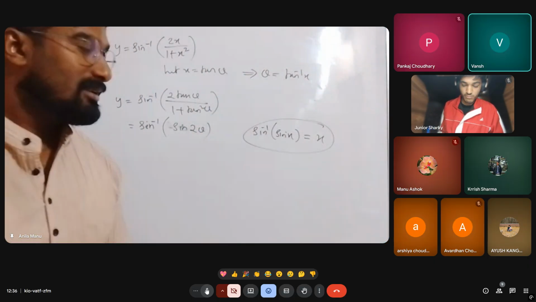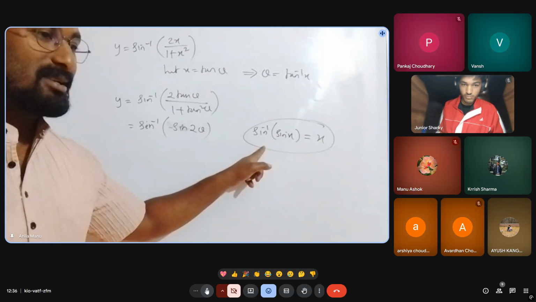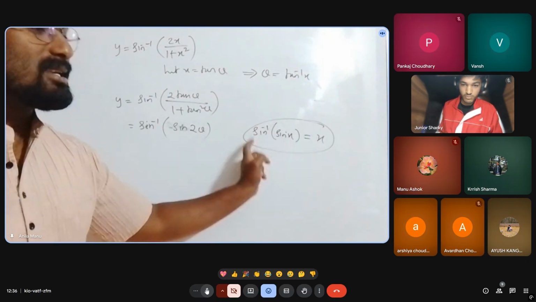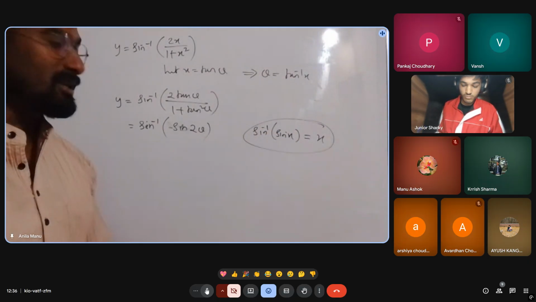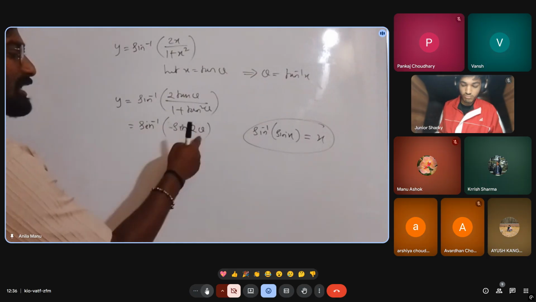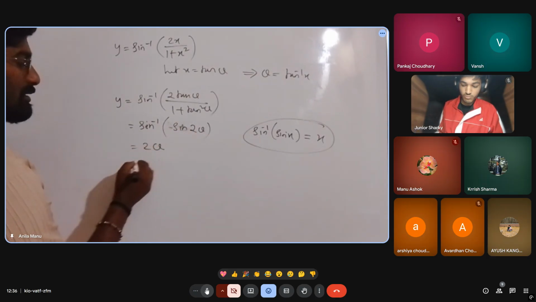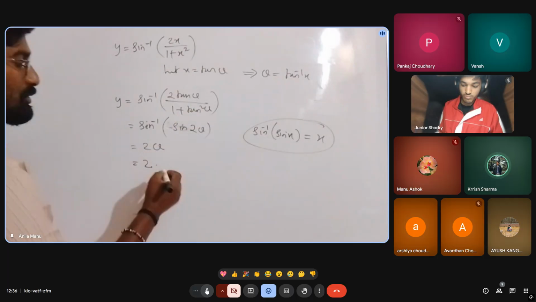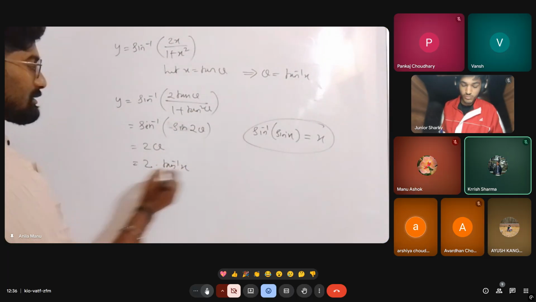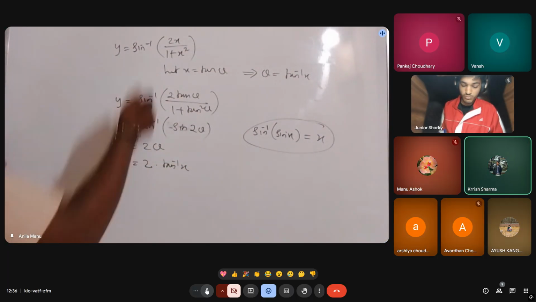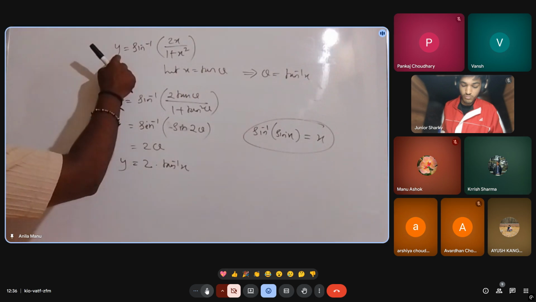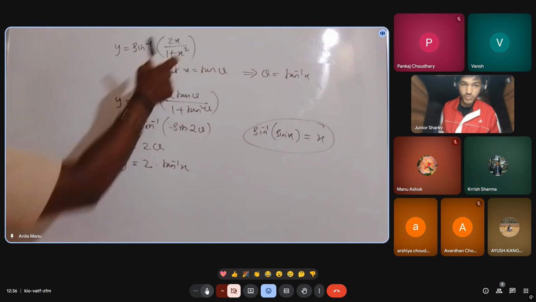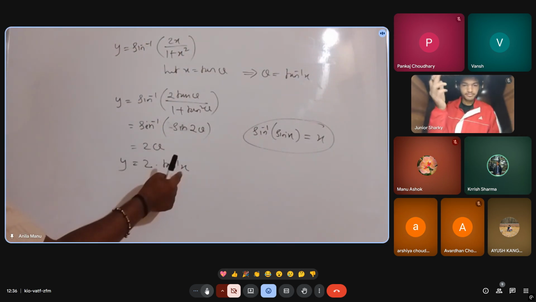You have studied this in the second chapter: sin inverse of sin x is equal to x. So sin inverse of sin 2 theta is 2 theta. So 2 into theta, which is tan inverse of x. So see, very simple. Y is equal to sin inverse of 2x divided by 1 plus x square is equal to 2 tan inverse of x.